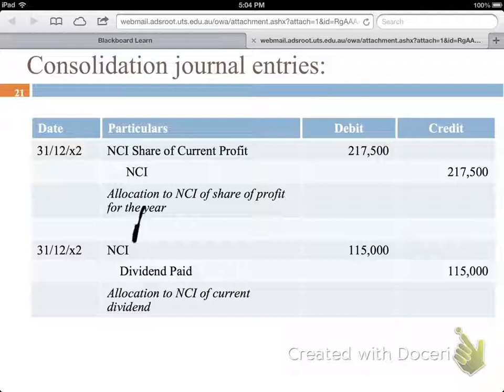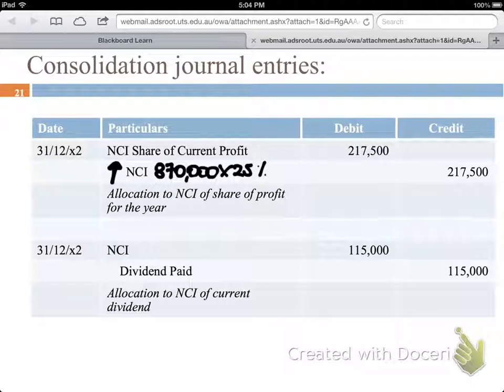So all you're doing here for your calculation is you take $870,000 and you multiply by 25%. That's all. So debit share of profit and credit the NCI because we are increasing the NCI.